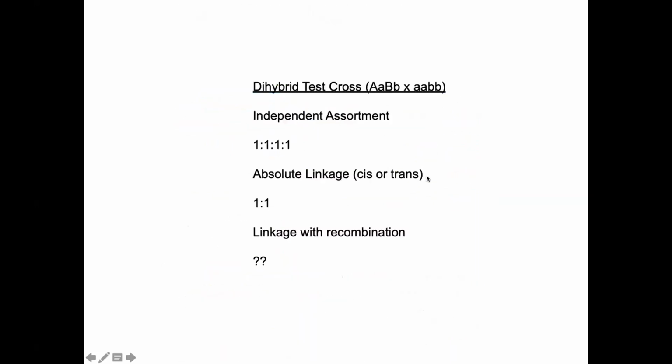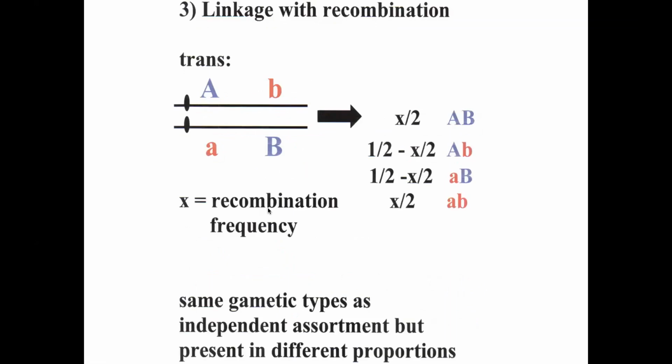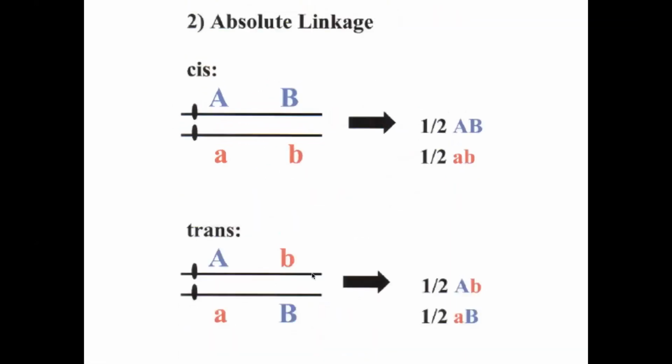If you had trans linkage, absolute linkage, no recombination, the progeny of the dihybrid test cross would be 1/2 that are big A, little b phenotypically, and 1/2 that would be little a, big B. Again, a direct reflection of this gametic pool.